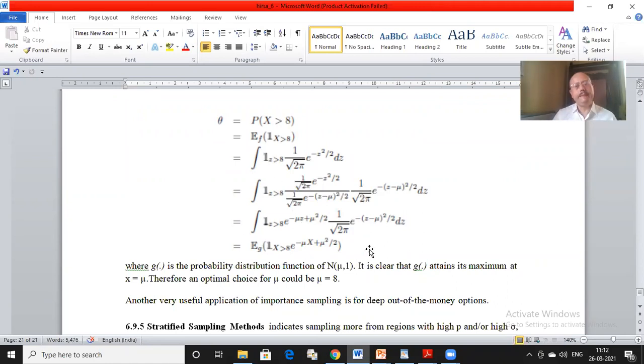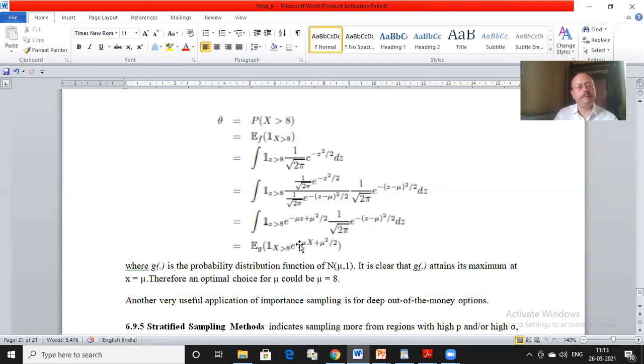So instead, I am calculating the expectation of this new indicator under g. This new indicator is that x is greater than 8 into e to the power this. So I have two parts in my expectation. I have the original indicator, which happens rarely, but I also have a new quantity, e to the power minus mu x plus half mu square.